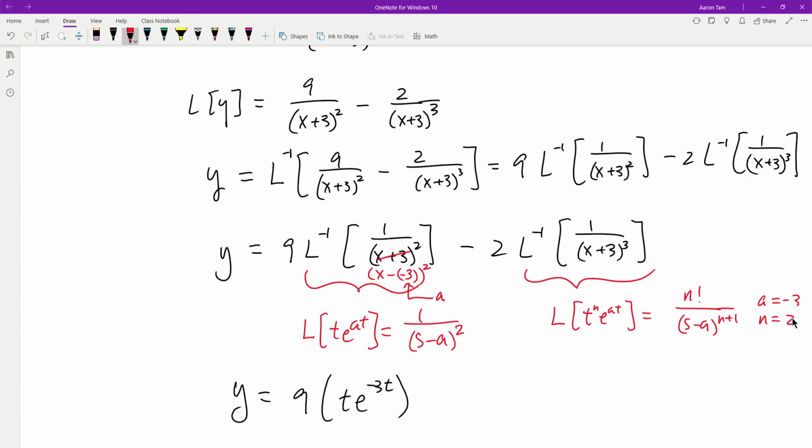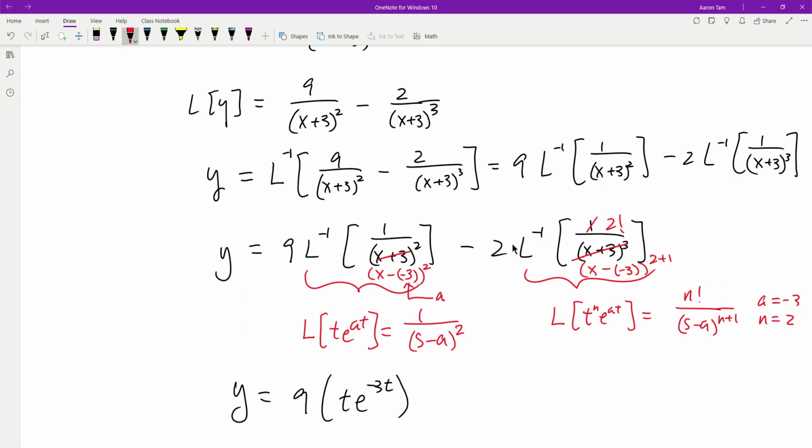But there's a problem. If n is equal to 2, I should have a 2 factorial on top, which is 2. We don't have that. So what we're going to do is fix this. So this is basically (s minus -3) to the 2 plus 1 power. Therefore, we require the numerator to be 2 factorial. But I can't just change the 1 to 2 factorial. That would be wrong, because it's not the same thing. I have to balance it.